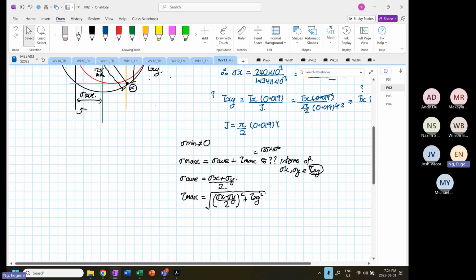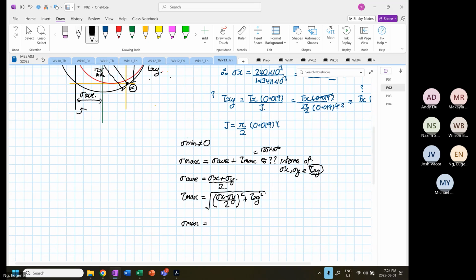So we now know that stress max is equal to (stress x plus stress y) divided by 2, plus the square root of the whole thing: (stress x minus stress y) divided by 2, squared, plus shear xy squared.